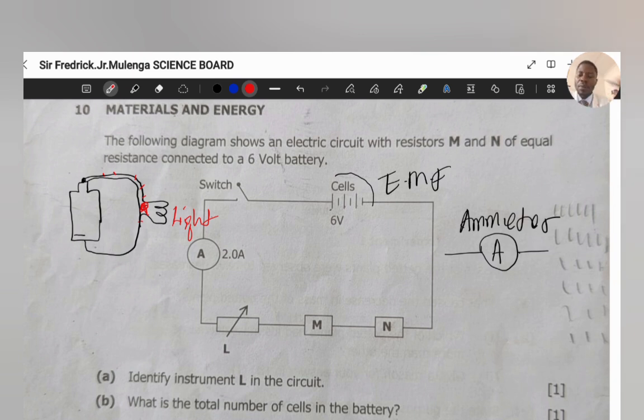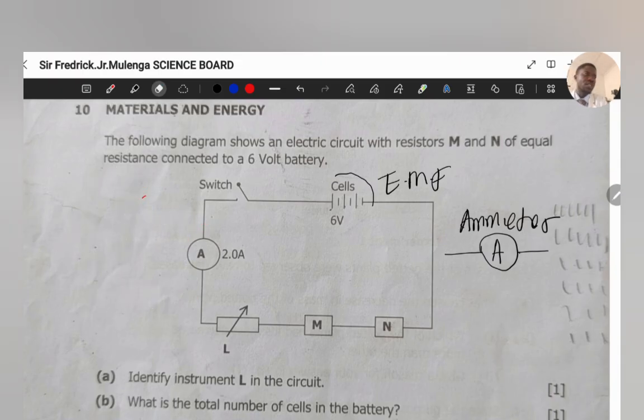So both EMF and PD are voltage, and they have the same SI unit, which is volts. We measure them in volts. So you have to take note of those differences. All right, so that's about voltage. Then we have another term which we call resistance.